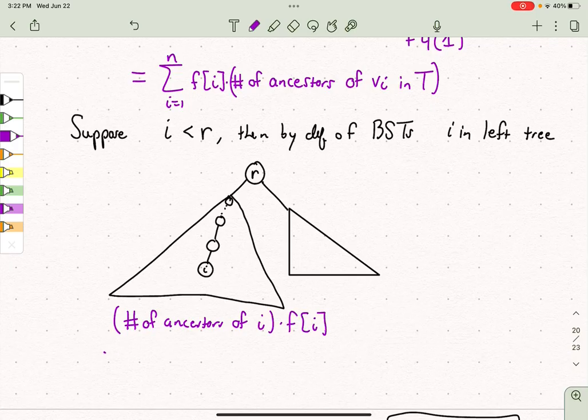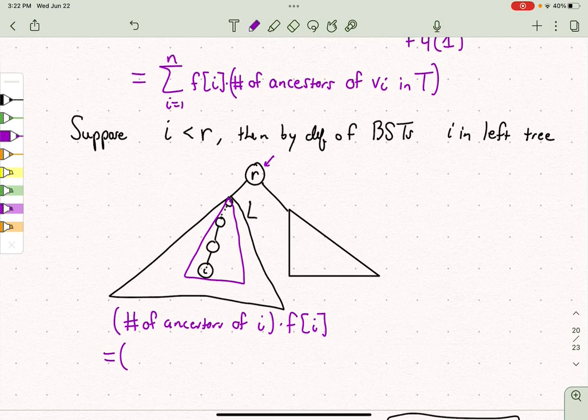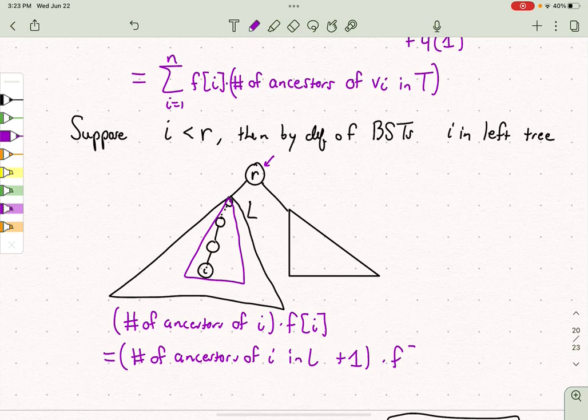We can split this: the number of ancestors is exactly the number of ancestors in the subtree L plus 1 for the root. This whole thing is the subtree L. So this can be broken down to the number of ancestors of i in L plus 1, times f of i.